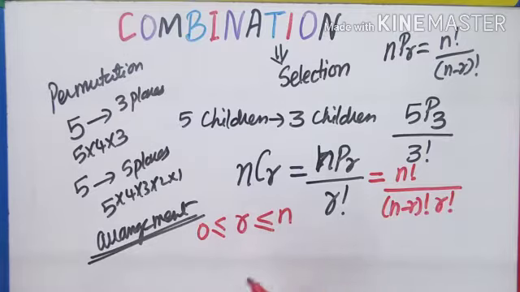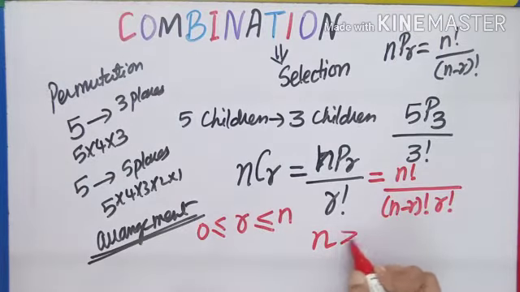If I select 1 or 2 or 3, R will be 0 and above, but maximum it can be equal to N. What will you say about N? If there is something in front of you only, you can select. So, N should be more than or equal to 1.